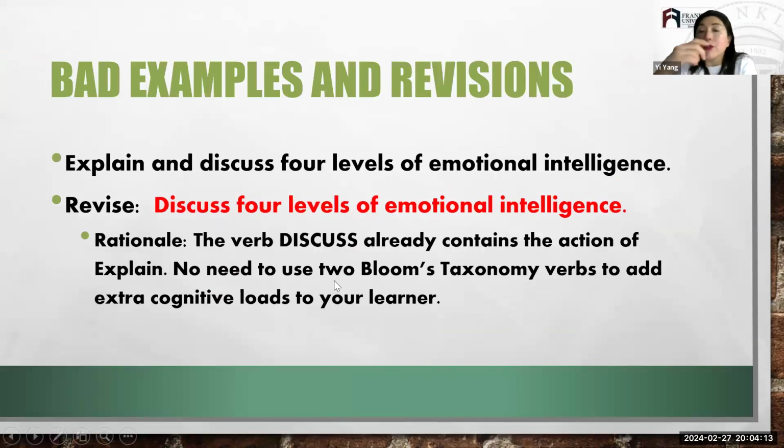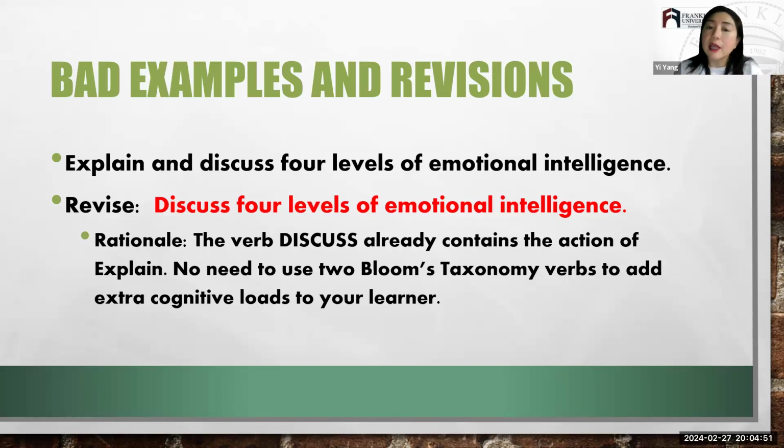Okay, right. So for this outcome, discuss is a higher level outcome than explain. When you discuss a concept, you should already be able to explain it. For example, with emotional intelligence, you can explain the definition of emotional intelligence, and you can also explain the four levels.